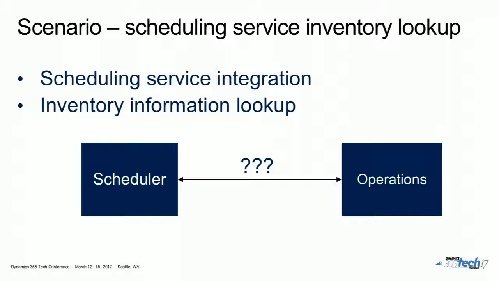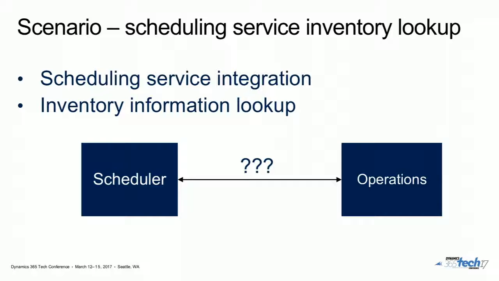So this particular scenario is an inventory lookup. They had an on-prem scheduler system, which basically looks at how we can schedule maintenance jobs and who needs to go where to perform that maintenance. While they schedule, they also want to know if there is any raw material required for that maintenance.